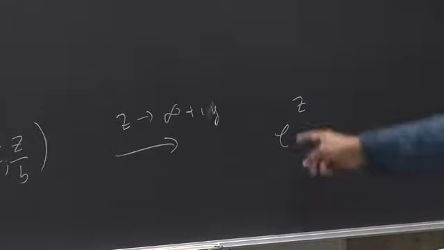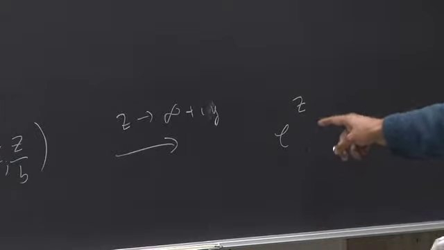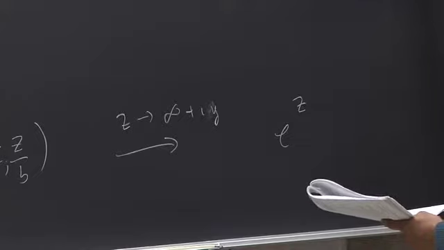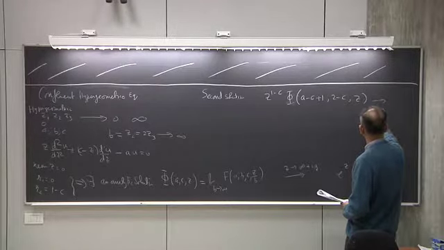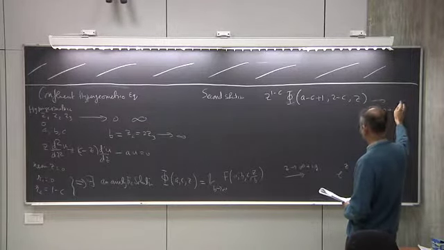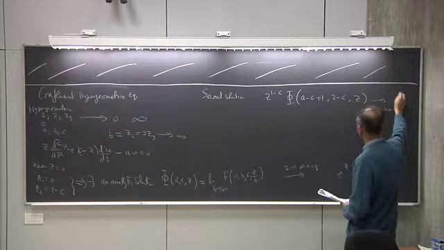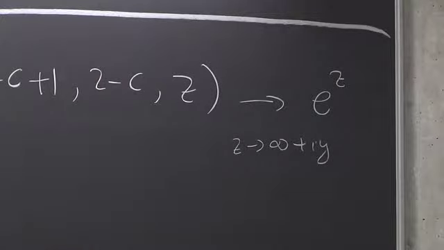It was exponentially growing. This also, as z goes to infinity plus iy, goes again like e to the z. So both of them had the same exponential behavior.